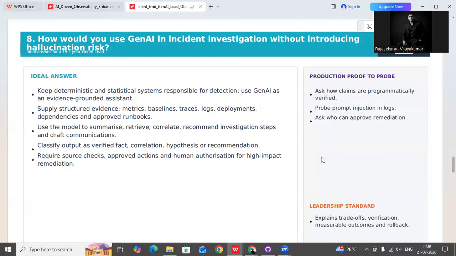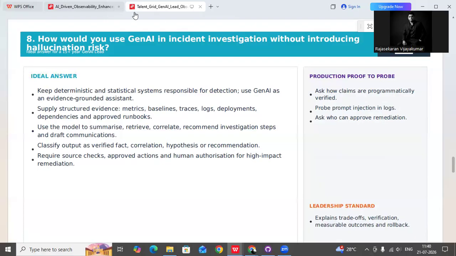So in this case, is it a normal incident investigation, or do I need to design a GenAI system for incident investigation? Wherever we identify the incident, wherever the failure is happening, there is a GenAI system in place at the end.